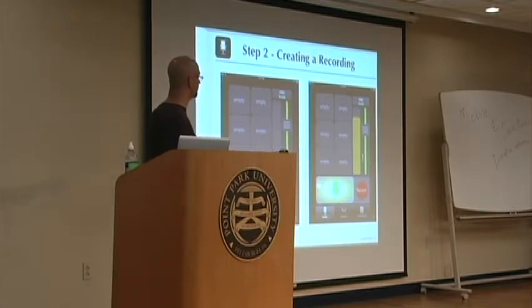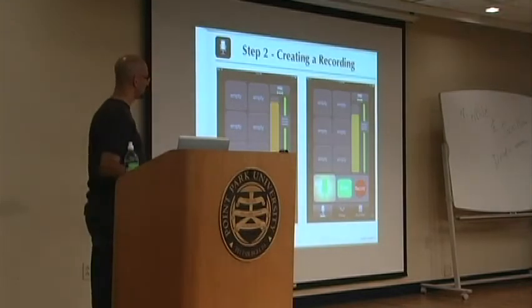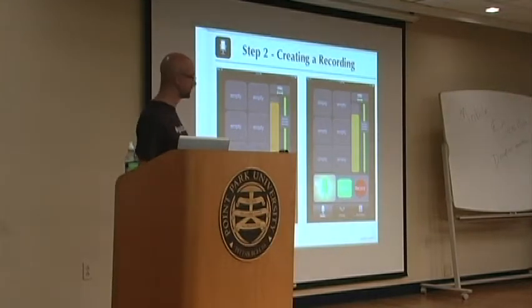That's a nice thing about this app: you can adjust your volume levels and get it to where you want it. You don't want to get your volume level too high, or you'll be peaking. Next, just click record. Now that you're recording, you just go ahead and do your show. When you're done, click the slide, pause it, then finally click finish, and your recording is done.